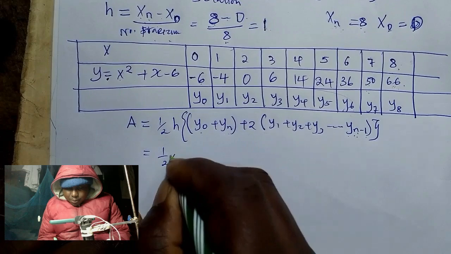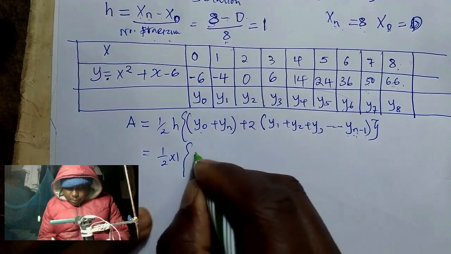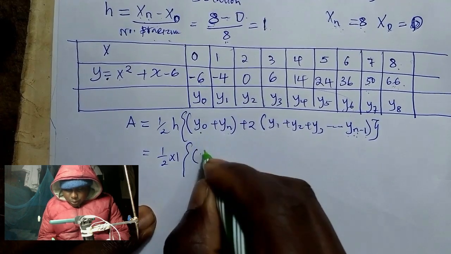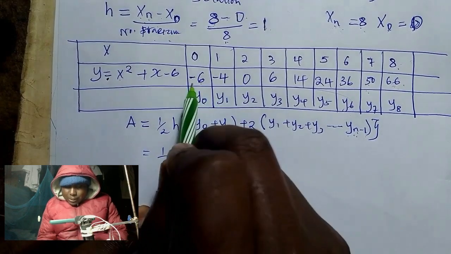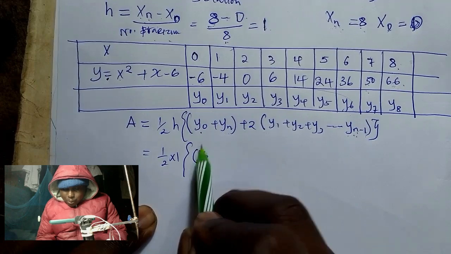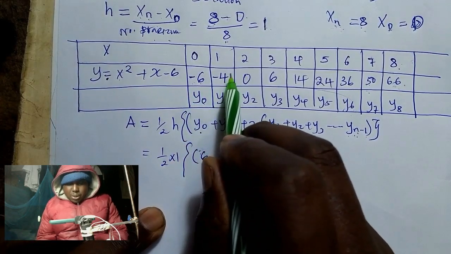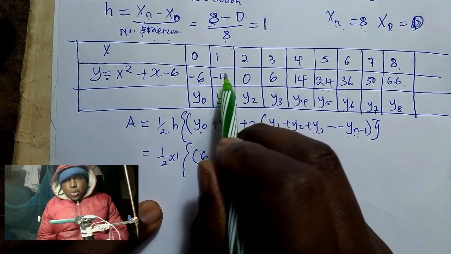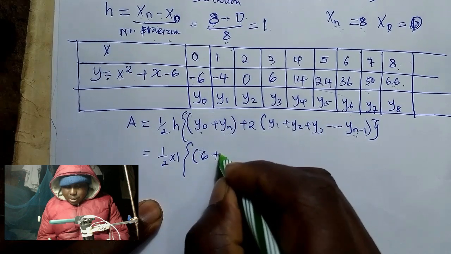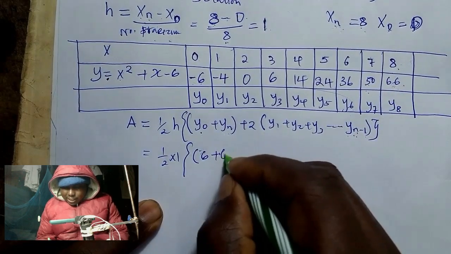This is a half times 1, open the bracket, y naught is 6. Now when you are putting the numbers inside the formula, don't put the negative. Assume the negative, because area cannot be negative. Plus the last one is 66.